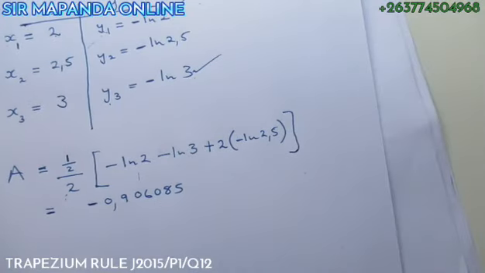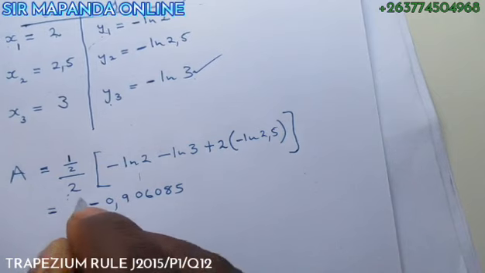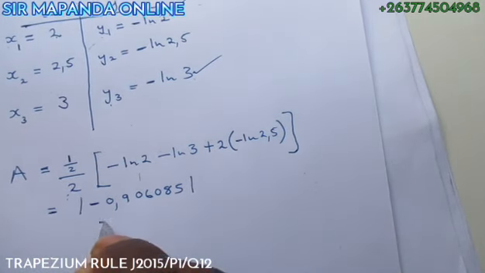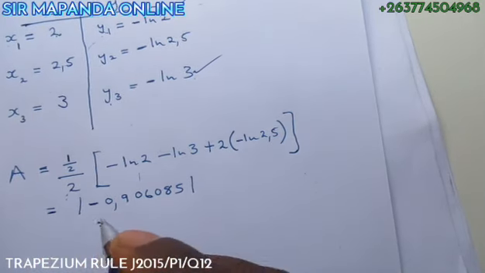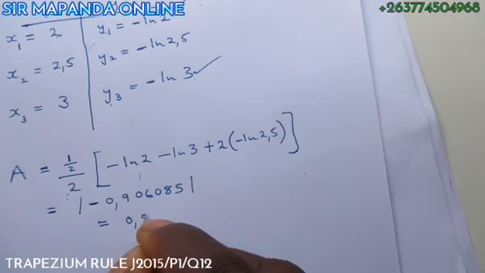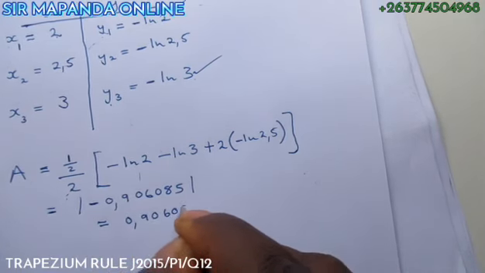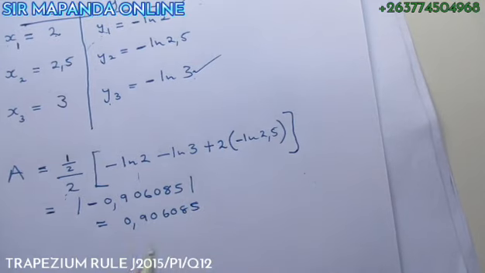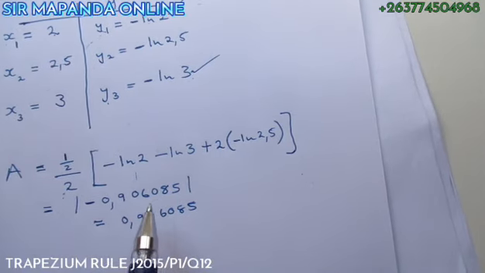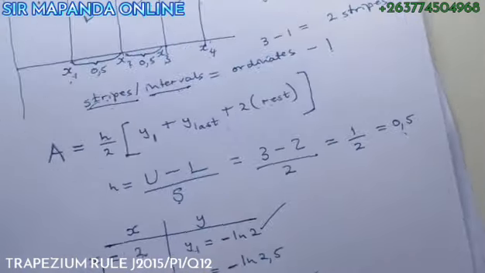But when presenting your answer, you put this in modulus so that you take the positive part, since area cannot be negative. So your final answer is 0.906085, ignoring the modulus. Right, so according to the question, what is the instruction?